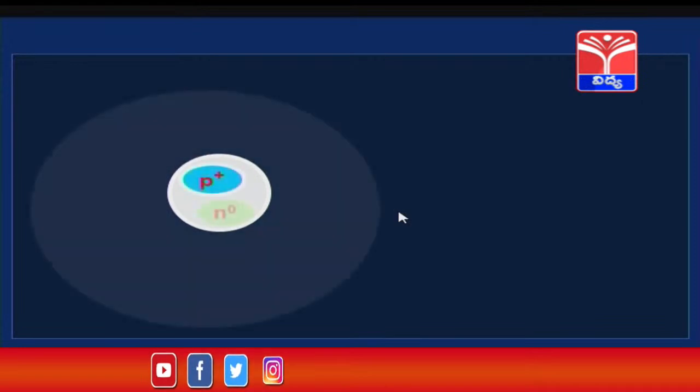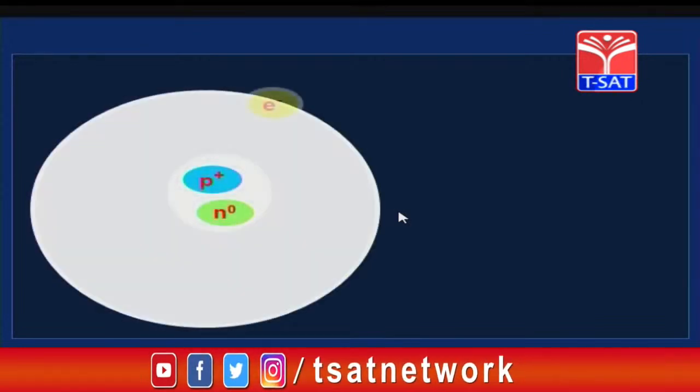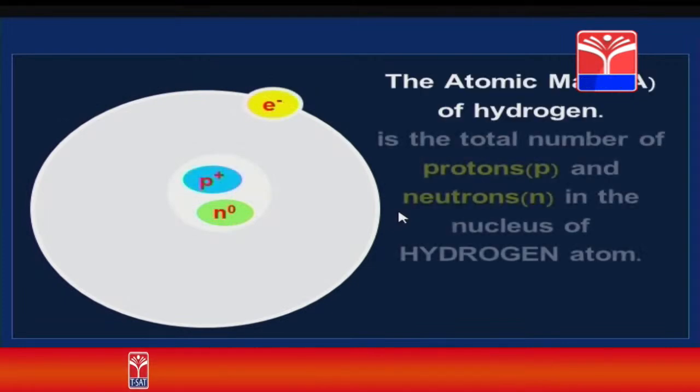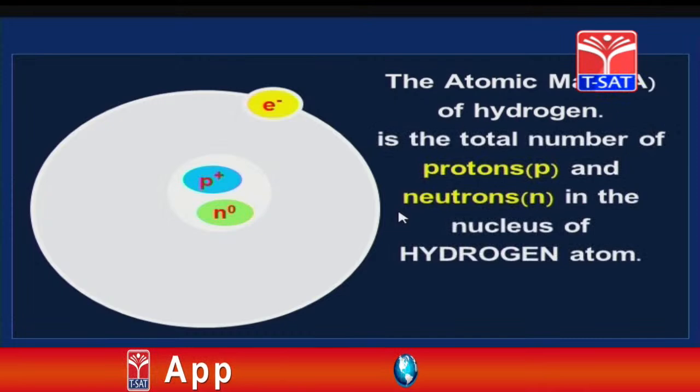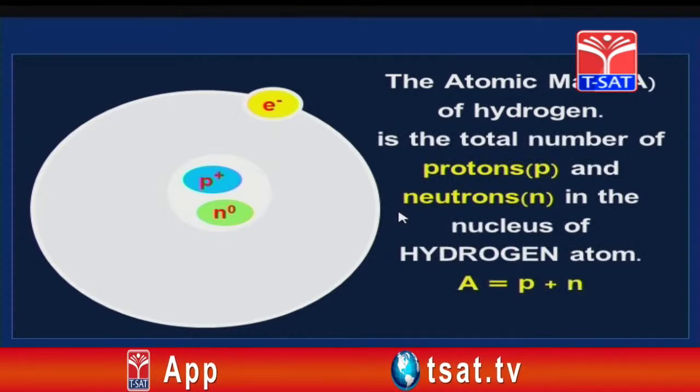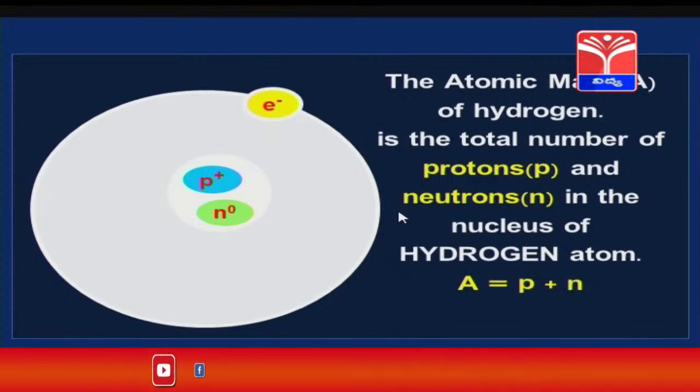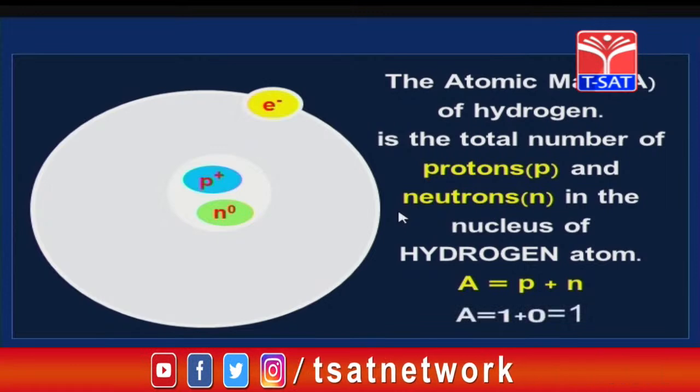It is the mass number. Let us observe once again, inside the nucleus one proton and one neutron. The atomic mass of hydrogen is the total number of protons and neutrons in the nucleus of the hydrogen atom, that is A equal to P plus N, number of protons plus number of neutrons.